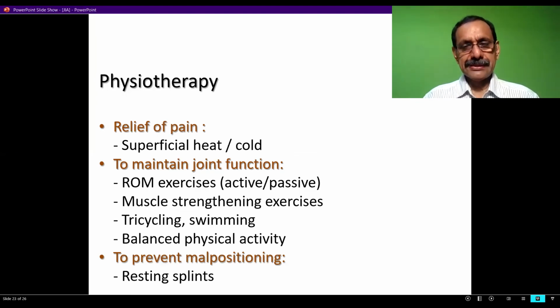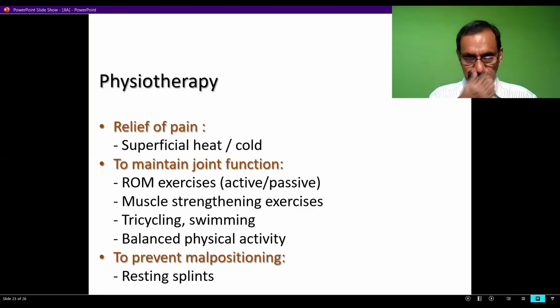Now physiotherapy is a very important thing, because immediately when the joint is excruciatingly painful, you will not do any physiotherapy. You give rest. But once it becomes movable, we start physiotherapy as early as possible to keep the range of movement, also to avoid osteopenia. And for the immediate relief of pain, we can use heat or cold, whichever brings relief.